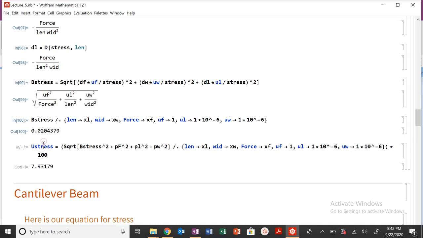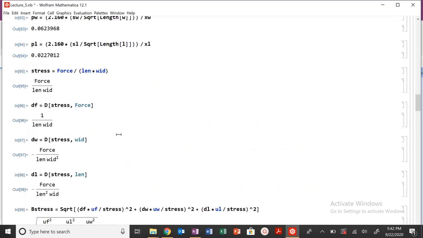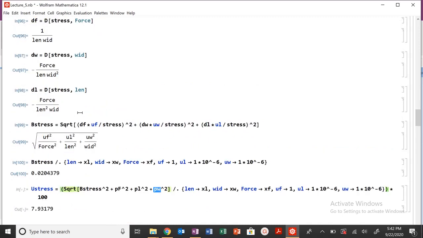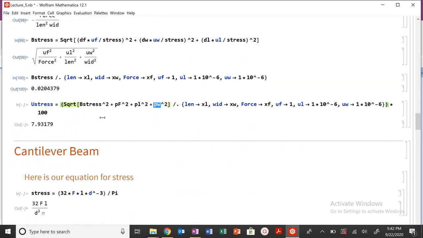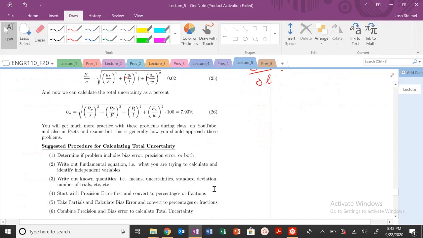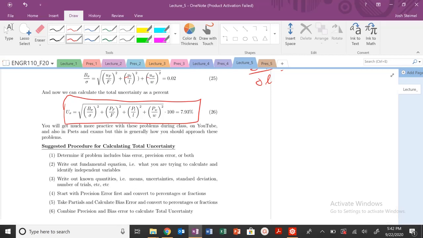My total uncertainty is now the square root of my bias stresses here, just like we saw above, plus my precision error in force, precision error in length, and precision error in width, which we've defined up here. Plugging in those values, you'll see that we get approximately 7.93%.